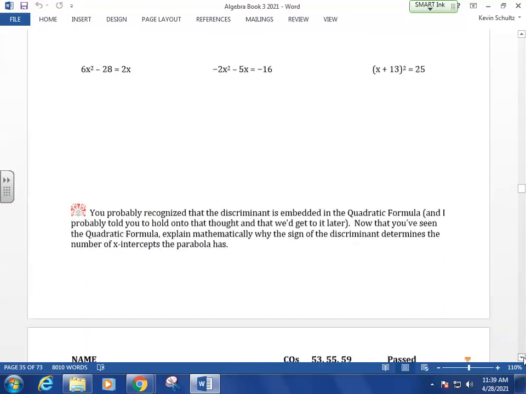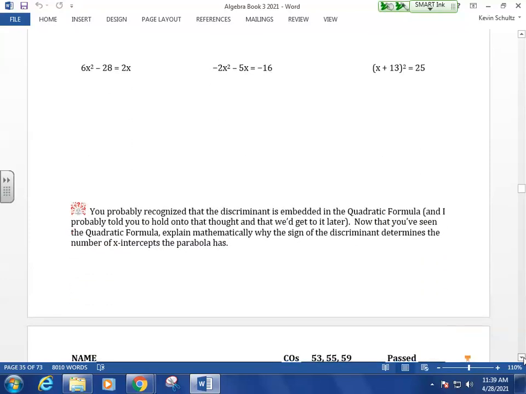We're gonna have to crab claw foil box x plus 13, because remember when you square a set of parentheses, you're literally taking x plus 13 times x plus 13. So that gives us x squared plus 26x plus 169 equals 25.